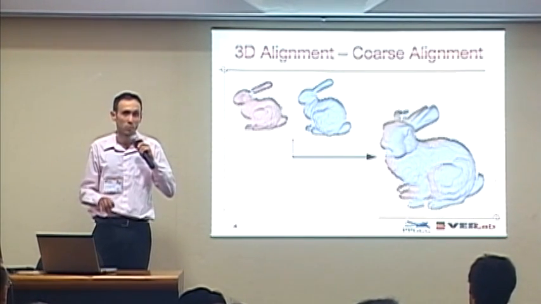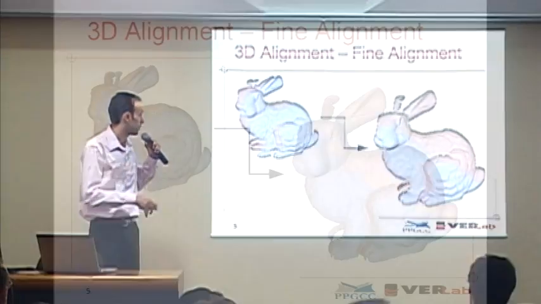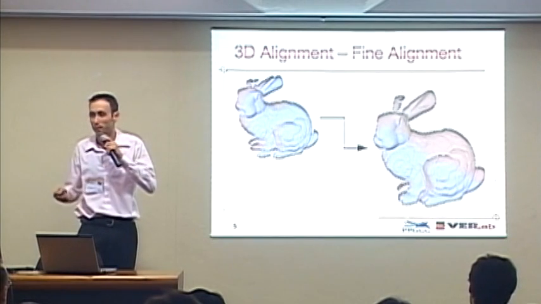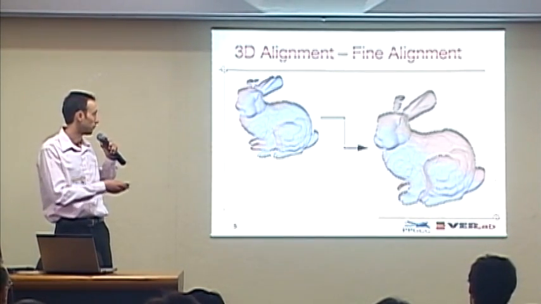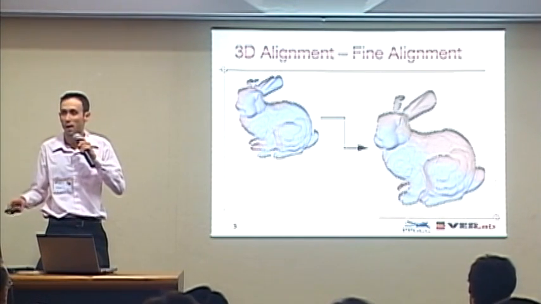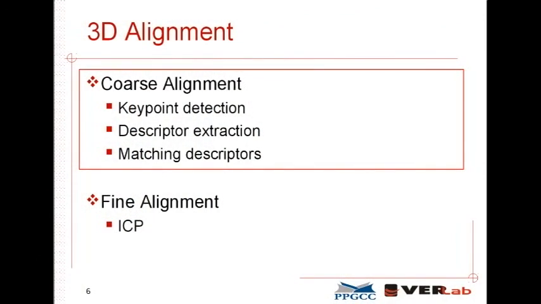This initial transformation usually is not accurate. So, in the next step, the two pre-aligned clouds are used to refine the transformation, usually using an ICP algorithm variant. So, the three-dimensional alignment has these two steps, the coarse alignment and the fine alignment.